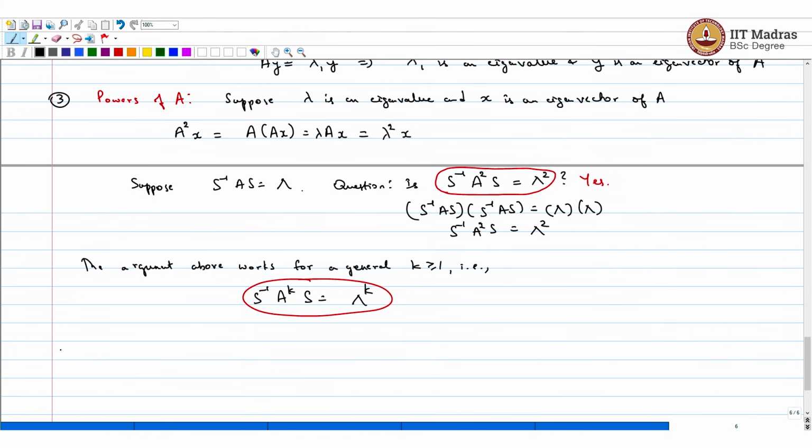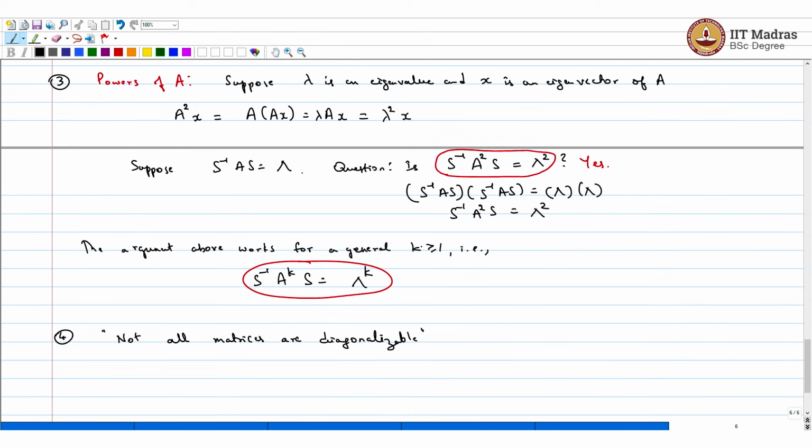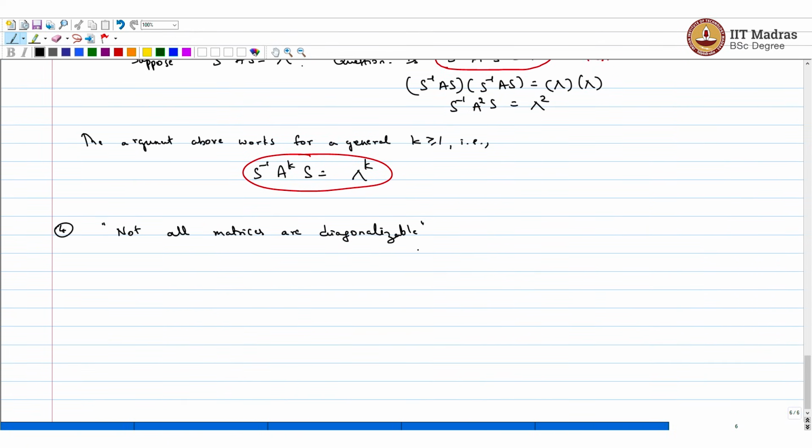Now the last remark. If you want an example, take this matrix.